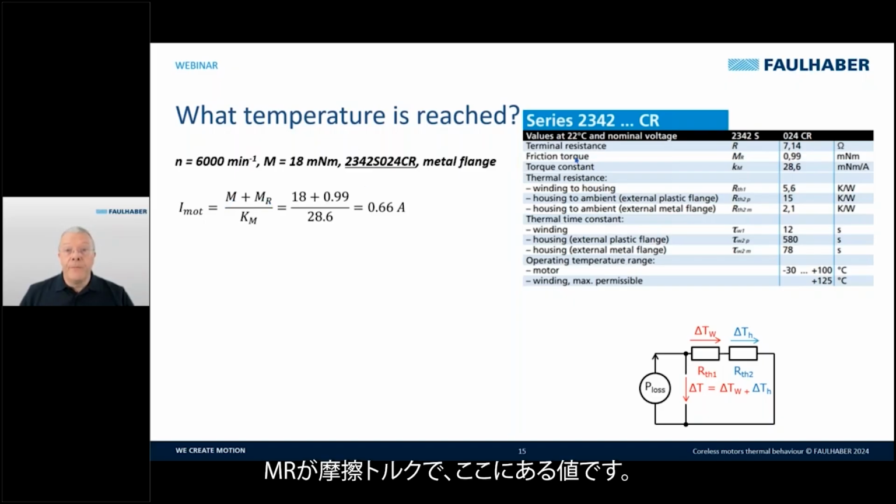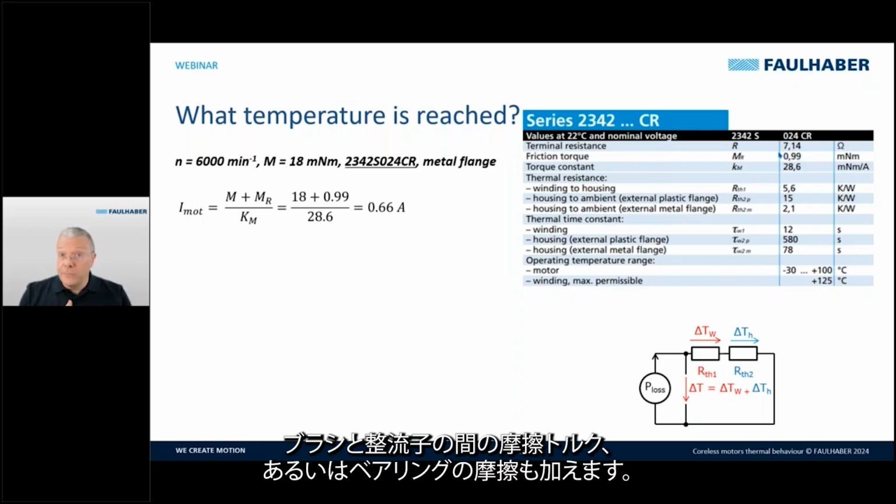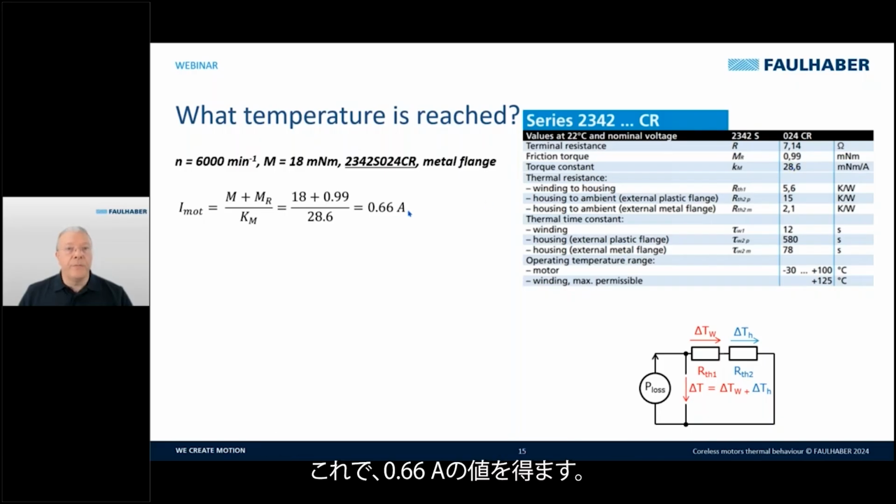MR is the friction torque, this value here. We have to add this value, the friction torque between the brush and the commutator, and also the bearing friction. Based on this, Km is this parameter here, torque constant 28.6. So we reach a value of 0.66 ampere.